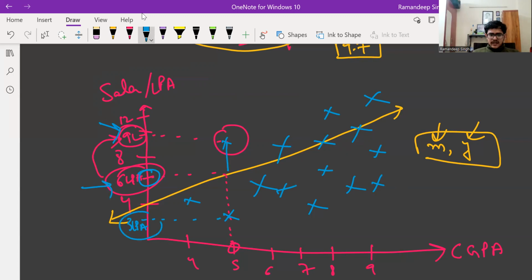Similarly, this guy has the same 5 CGPA, but my model is telling he must have got 6 LPA. So this is the deviation from reality, and these are the errors I am getting. I want a line that best fits this scatter plot, best fits this data, and reduces these errors as much as possible.